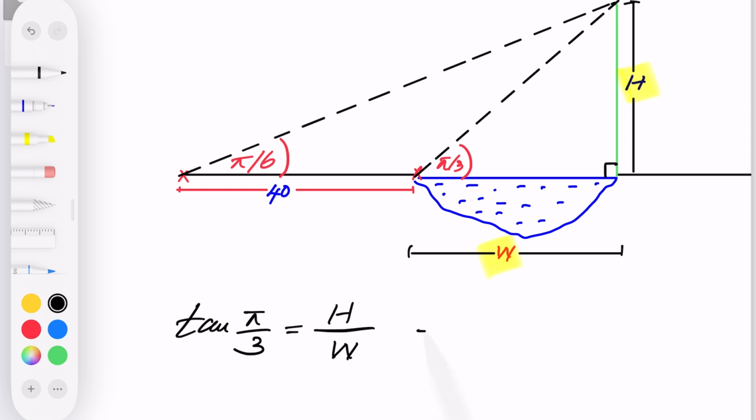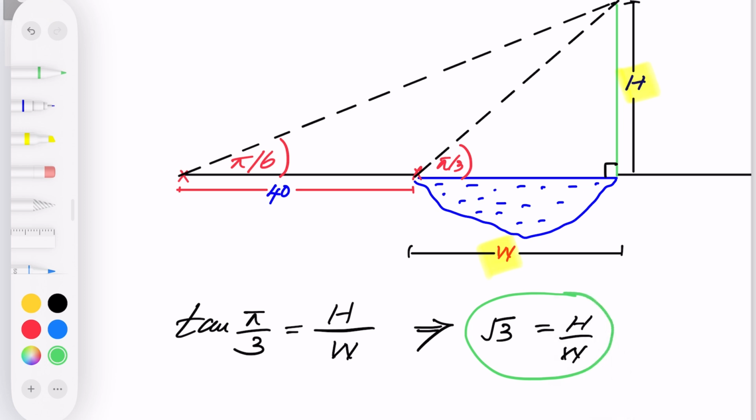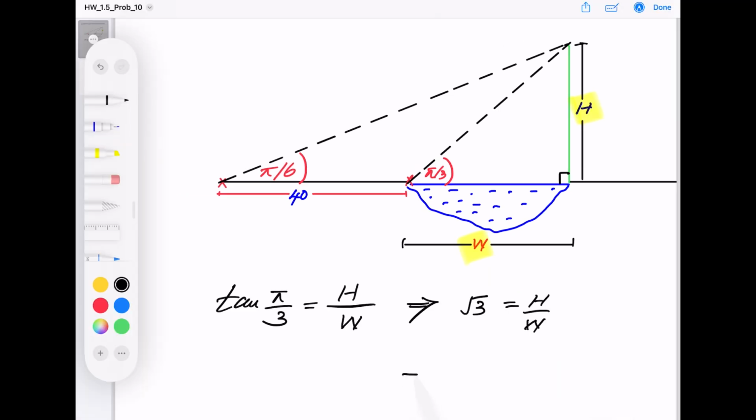Therefore, this equation becomes square root 3 equals h over w. Now, if I multiply both sides of this equation by w, then I get h equals square root 3 times w. So we will label that as equation number 1.